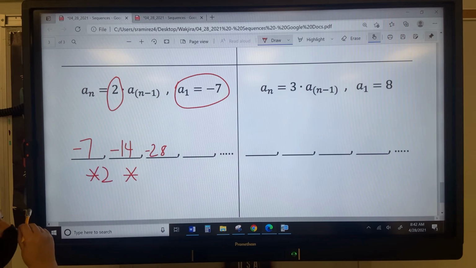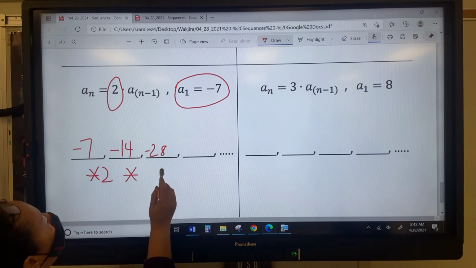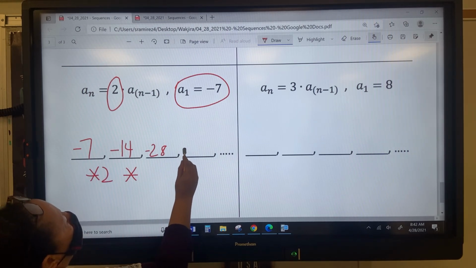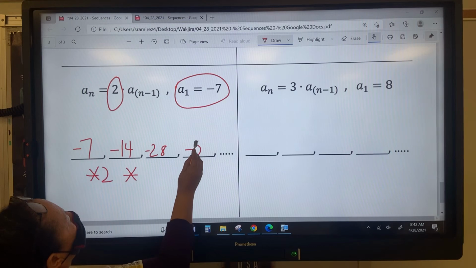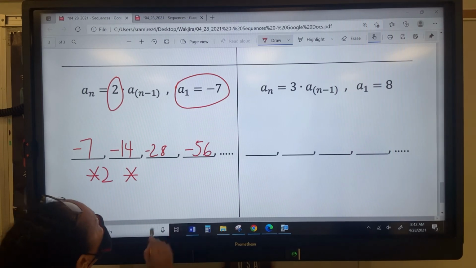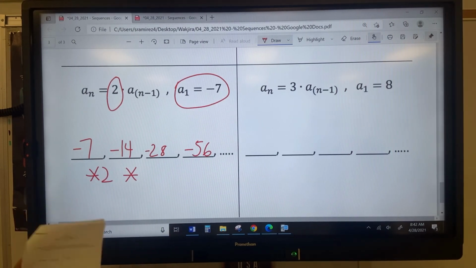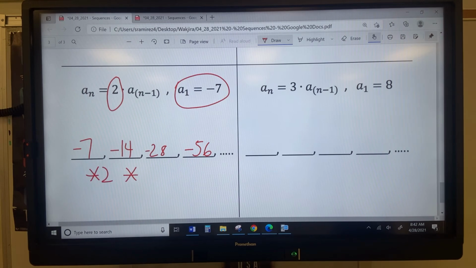Then the next one, negative 28, when we multiply that by 2, we'll get negative 56. So that is how we fill up our sequence.